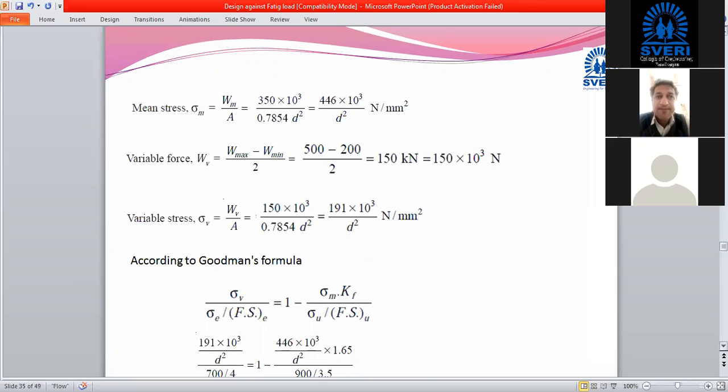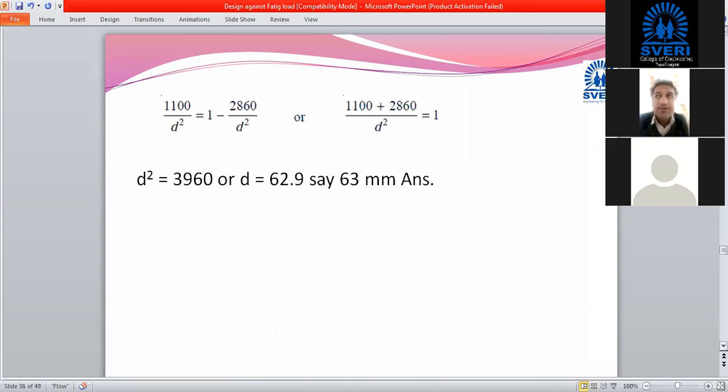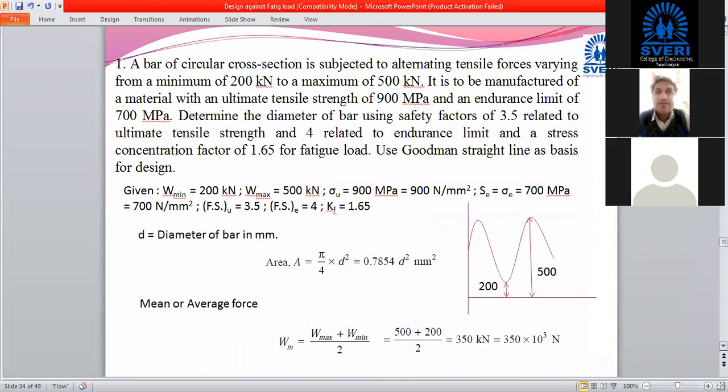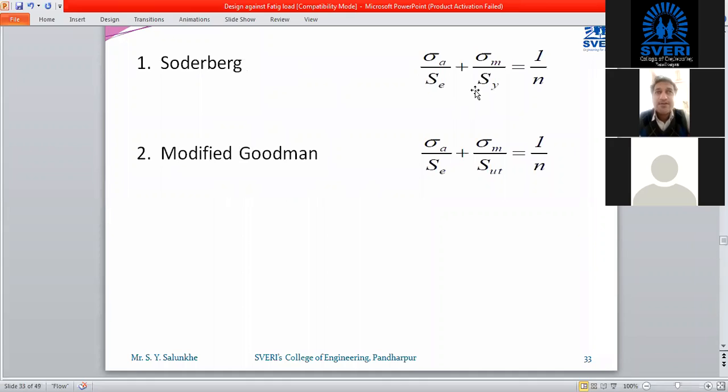According to the Goodman diagram, what we are going to do is calculate the factor of safety. The value of the factor of safety is given here. This modified Goodman diagram is given as sigma v divided by sigma e plus sigma mean divided by SUT is equal to 1 over n.